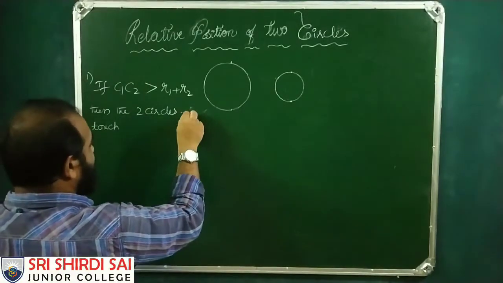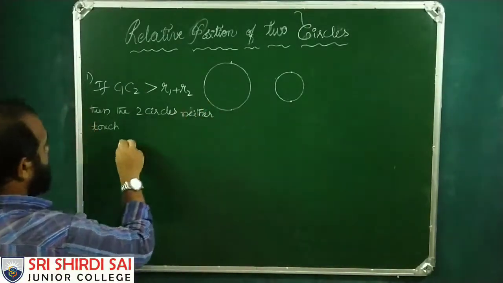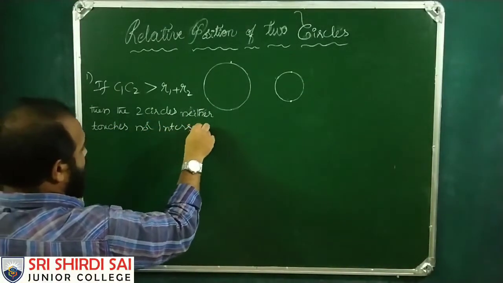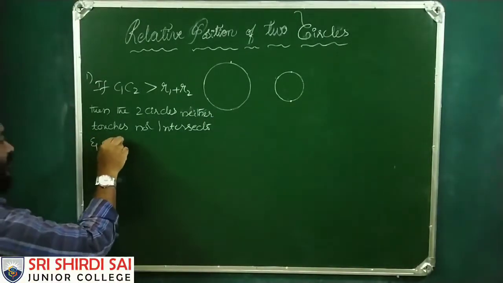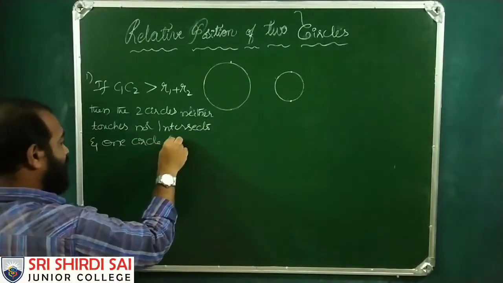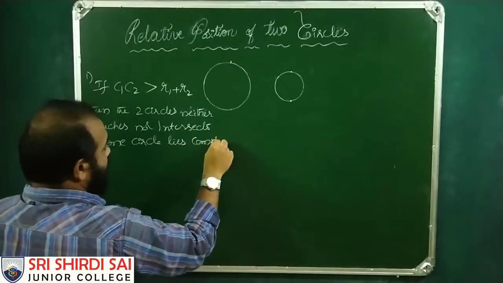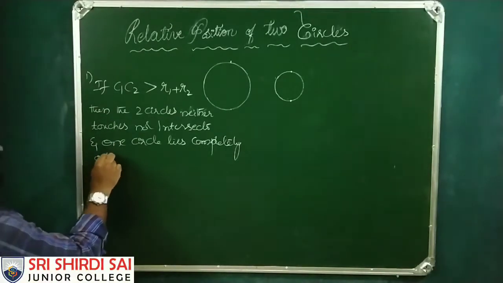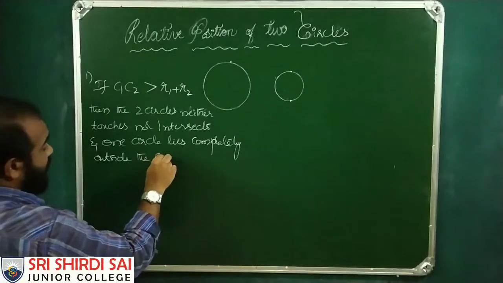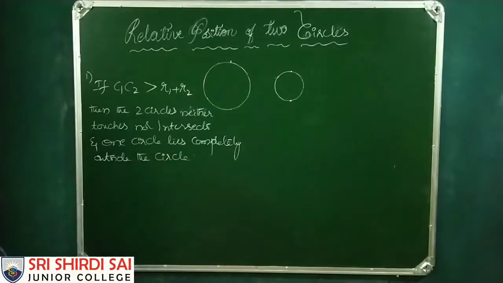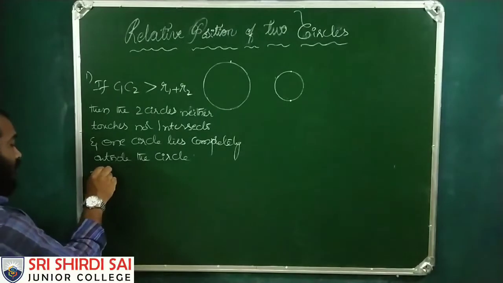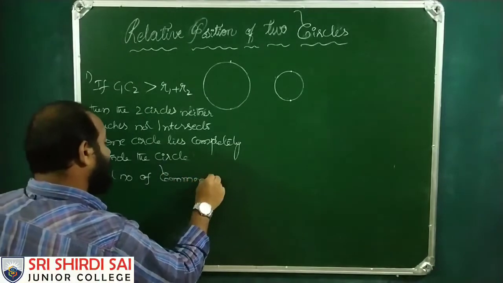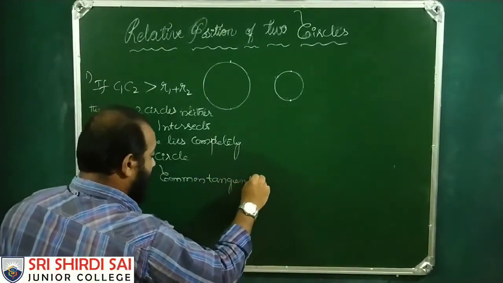The two circles neither touch nor intersect, and one circle lies completely outside the other circle. So the total number of common tangents is equal to 4.